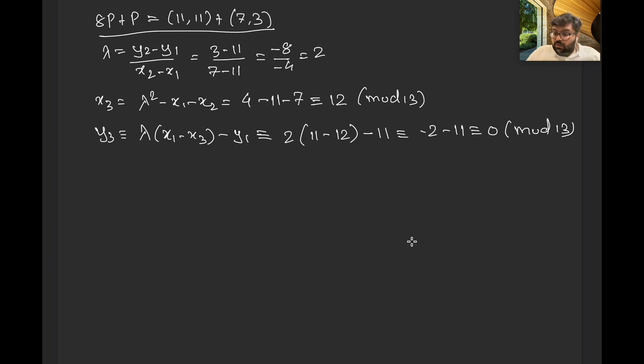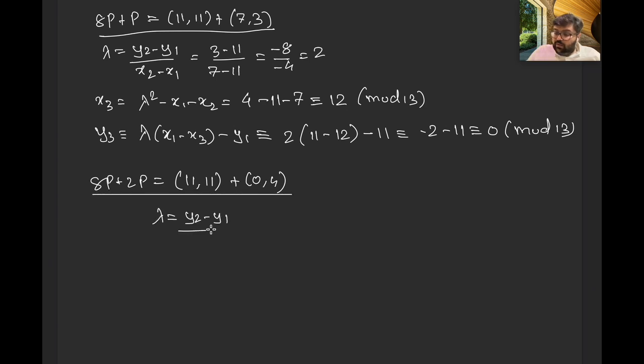Okay, so 8p plus 2p, which is 11 comma 11 and 0 comma 4. So lambda is again y2 minus y1 upon x2 minus x1, which is 4 minus 11 upon 0 minus 11. So minus 7 upon minus 11.